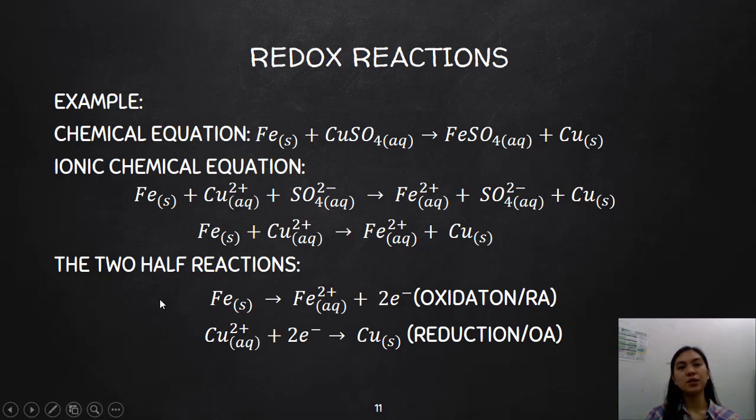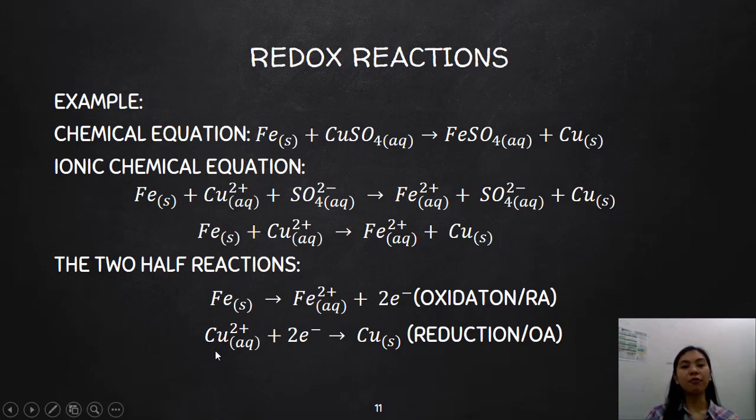And of course, as you know, chemical reactions should be balanced, so we have to add electrons on the right side, 2 electrons to be exact, such that the charge of the right side is equivalent to the left side. So 2 plus negative 2 is equivalent to 0. The charges of the left side and the right side are now equal.